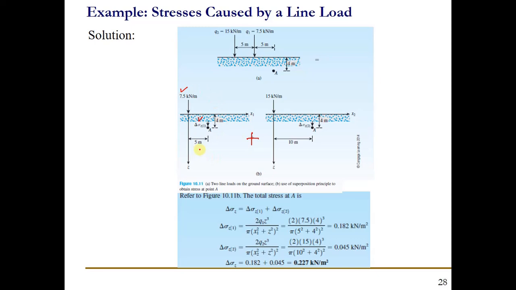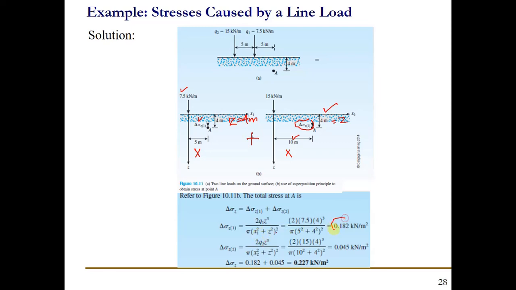We already know that x is 5 meter and z is 4 meter. Here z is equal to 4 meter and x is equal to 10 meter, and we will find out the delta sigma z by using this equation, 2q z cubed over pi times (x1 squared plus z squared) the whole squared.